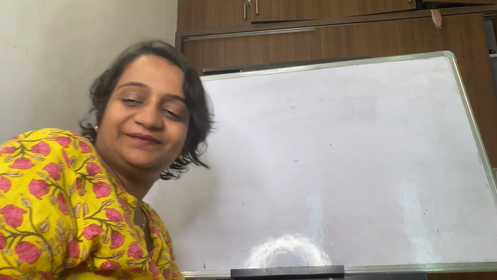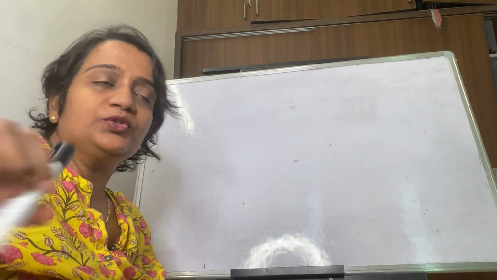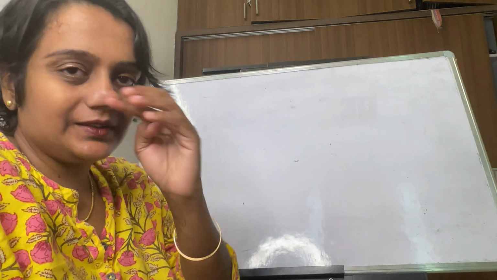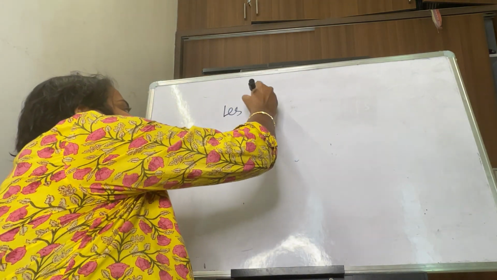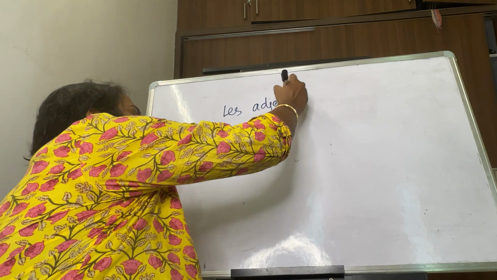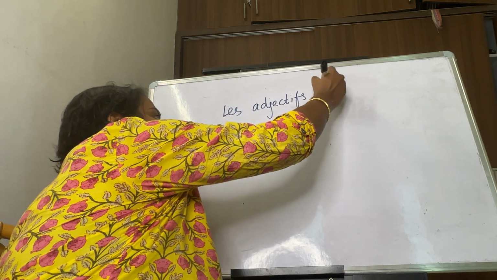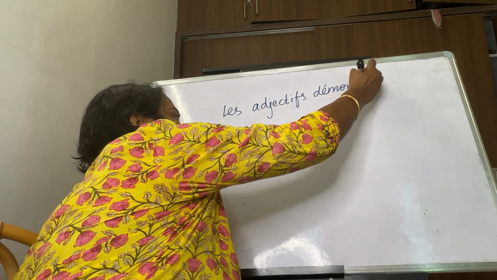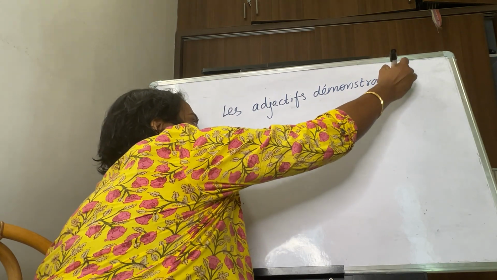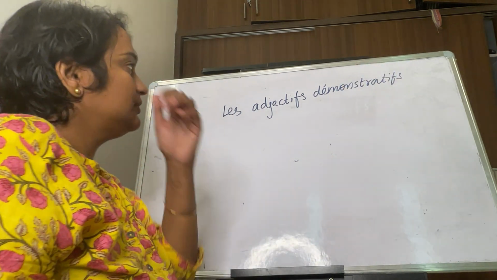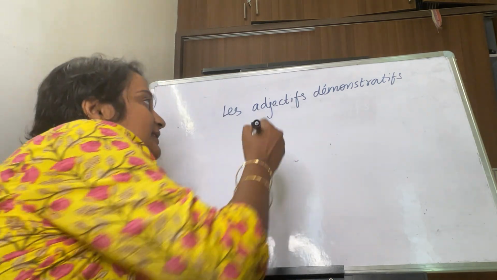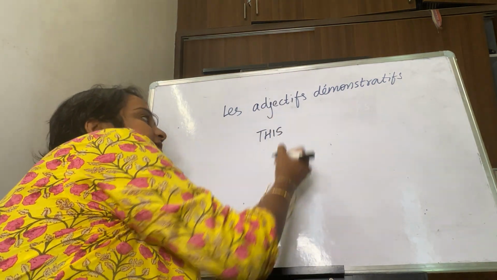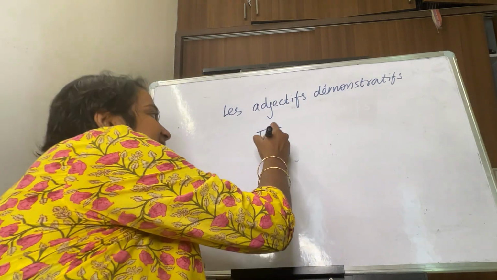And we are back. So let's do one more stacking on this. Les adjectifs démonstratifs. Okay? Alright, now again a very fancy way of saying, don't kill me for this, but it's literally this and these.